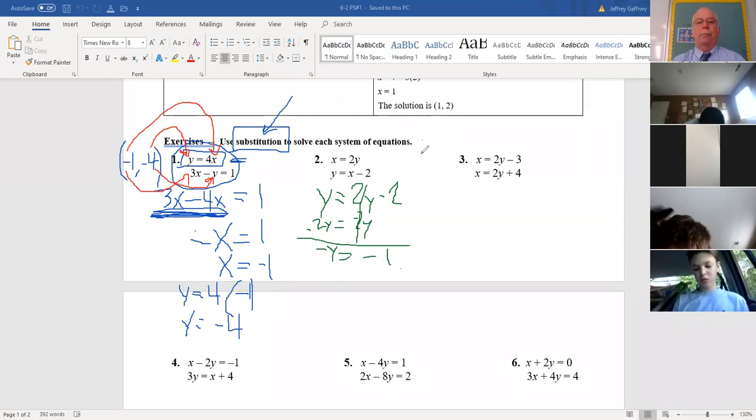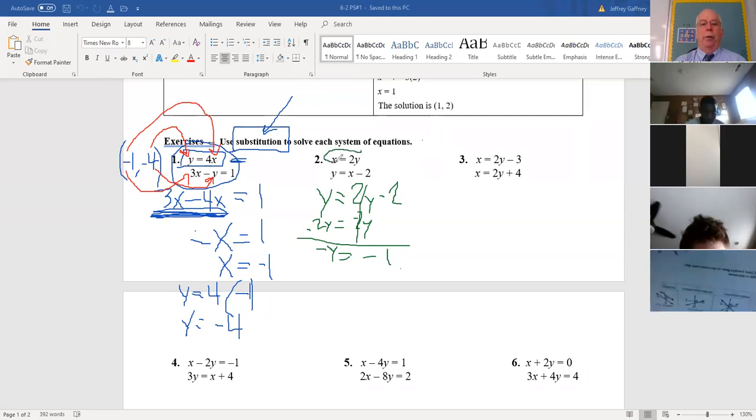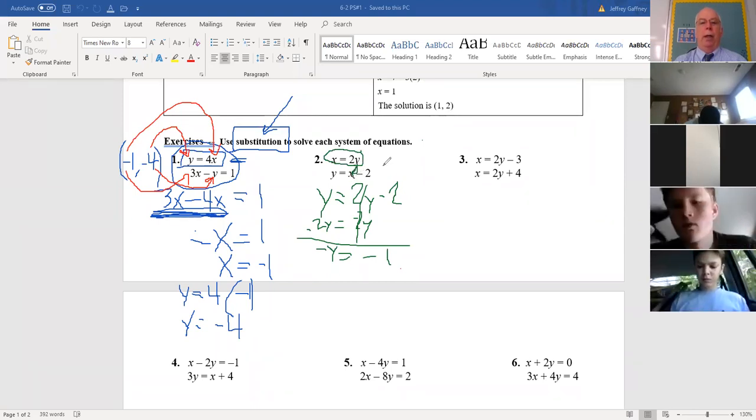Okay, you ready? Hopefully you weren't watching your screen, all right? So all I did is I substituted 2y for that x, because in that first equation, we say x equals 2y, all right? So we end up with the equation y equals 2y. I should minus 2.